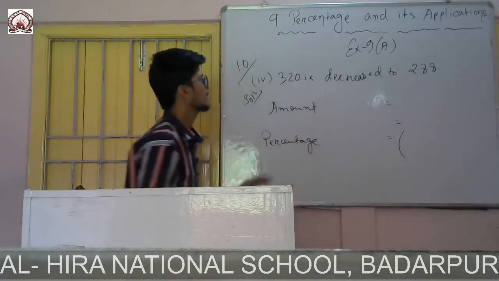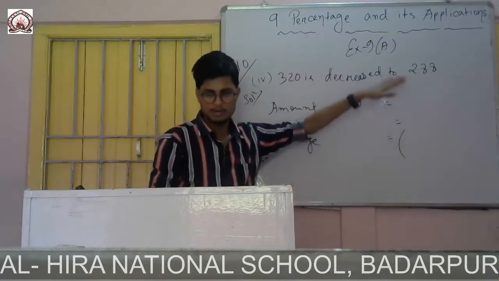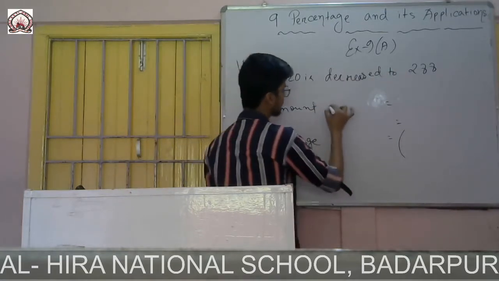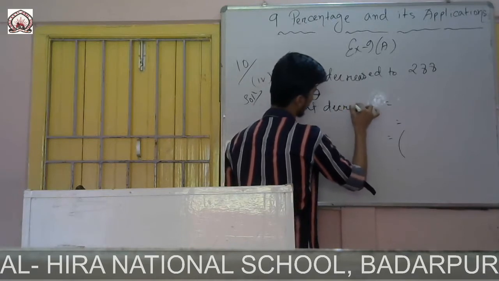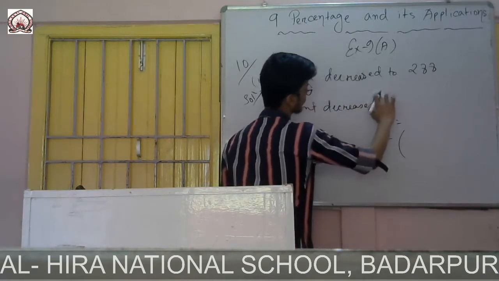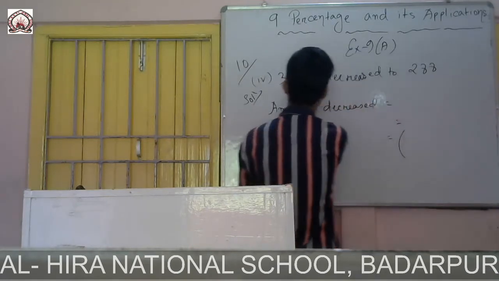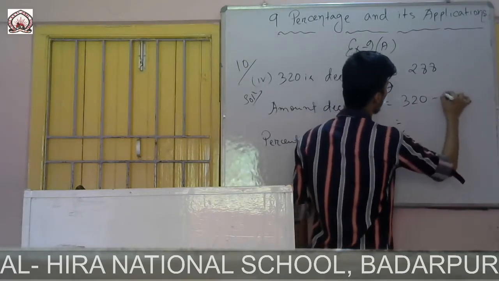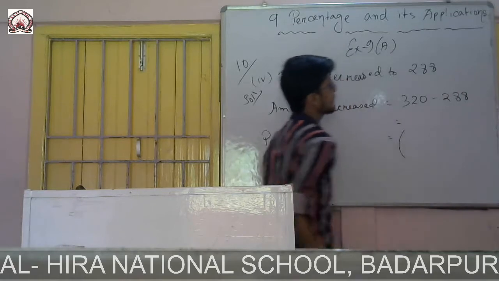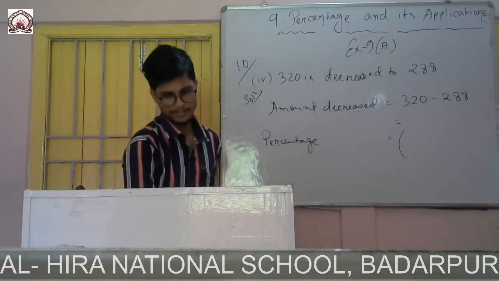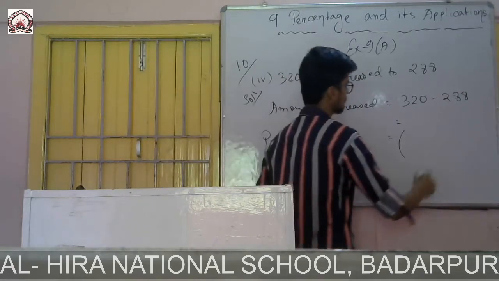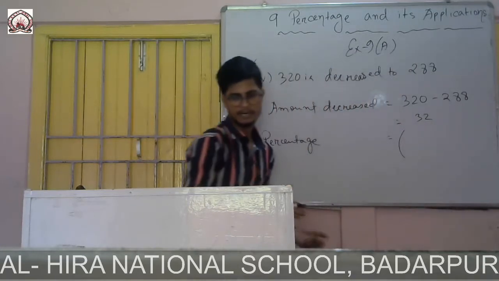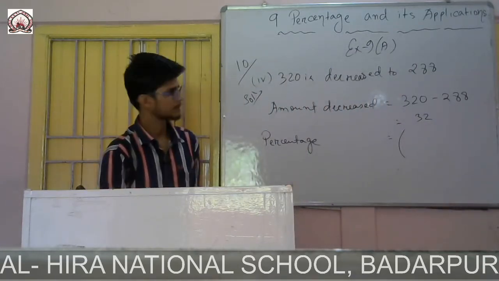From 320 it is decreased to 288. So you will find the amount decreased. From this I will find how much amount decreased. 320 minus 288 is 32. That means 32 is decreased.